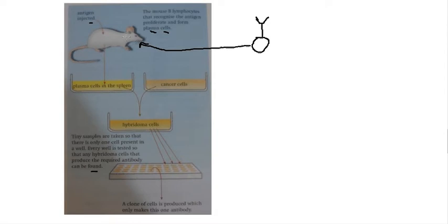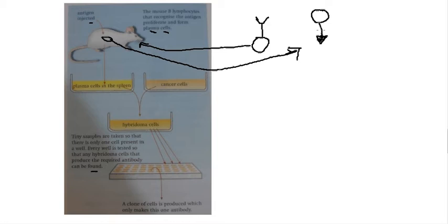The mouse spleen will produce the antibody for this antigen. The antibody, which comes from the plasma cells, will be the complementary of the antigen, so it can get attached over here. This one won't get attached; we need a matching shape, so the thing that will get attached is this one.